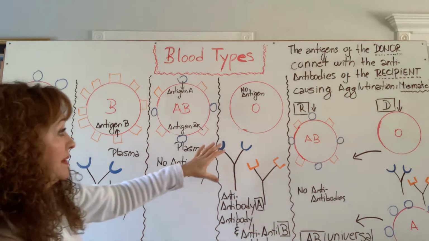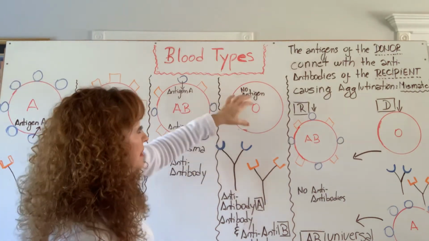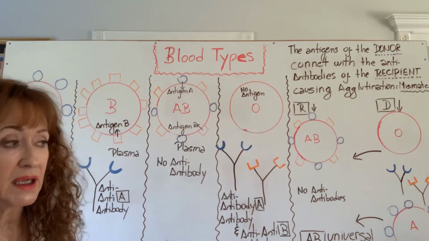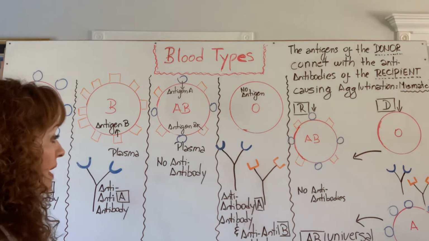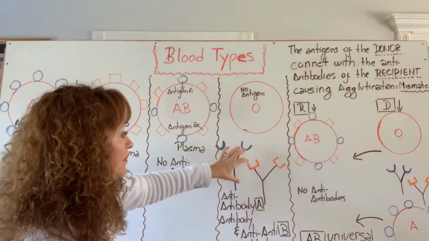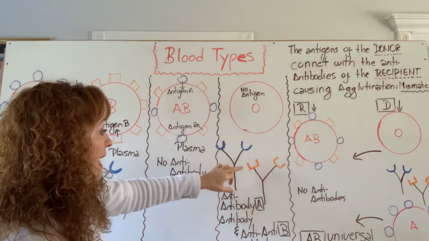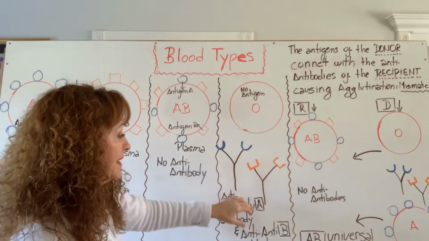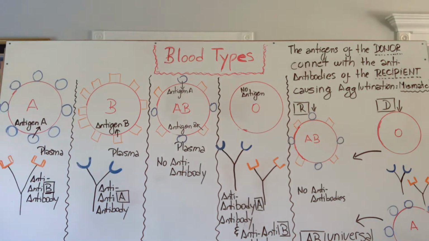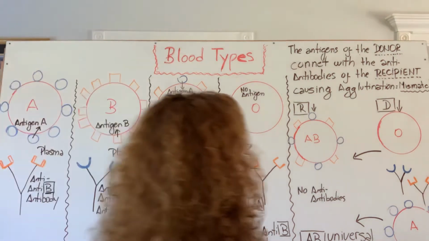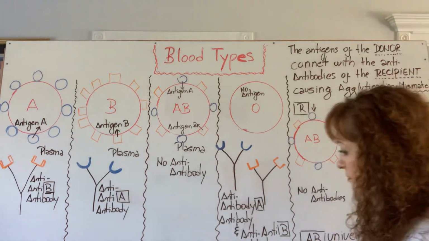The last type, that is O, the erythrocytes in this patient don't have any kind of antigen, but this patient develops anti-A and anti-B antibodies in their plasma. Now, I will leave this side of the whiteboard for the next explanation.